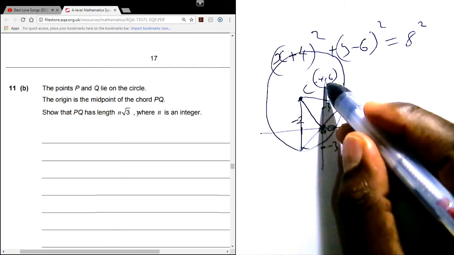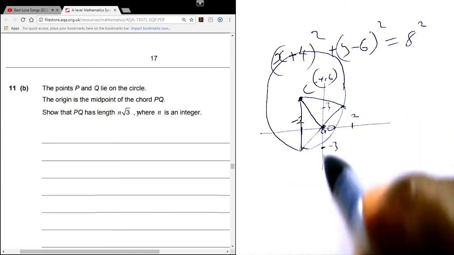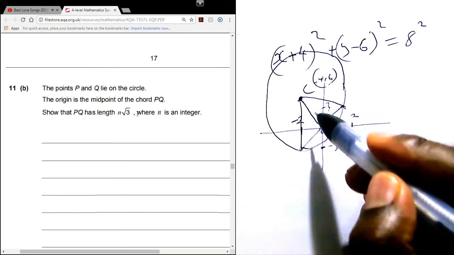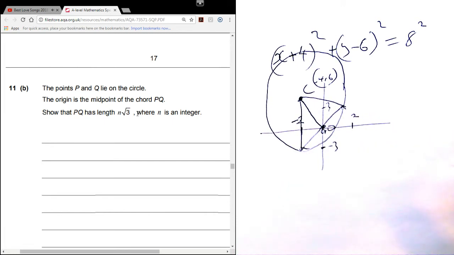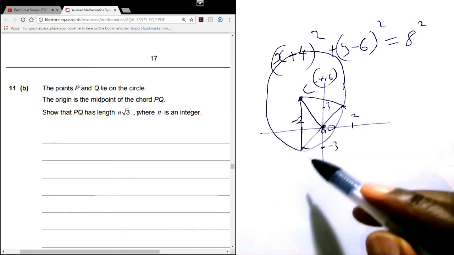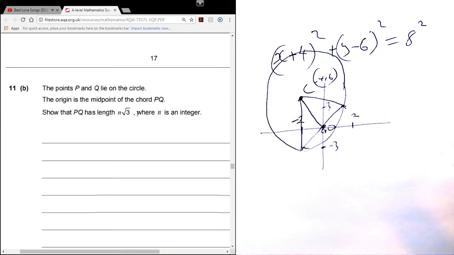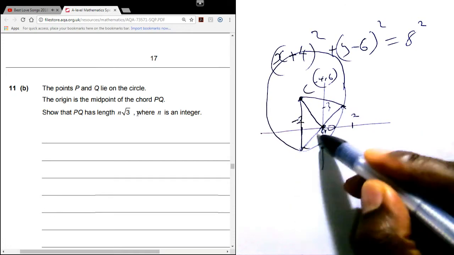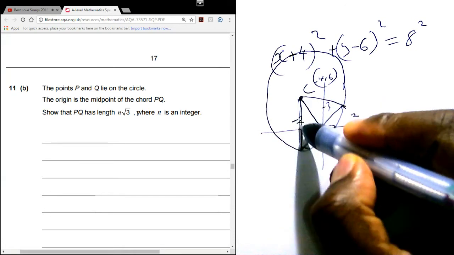We can tell the distance from C to the origin, right? Because we have these two appearing as opposite sides of themselves, that's an isosceles triangle, and you're now meant to find that length.